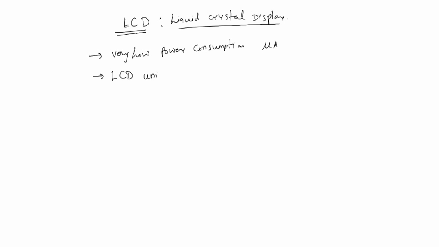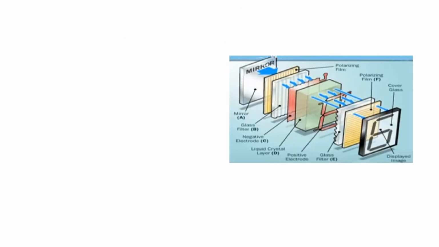Now if you see the LCD units, they are very thin. The form factor is quite small. It is very thin, and it is composed of many layers. If I maximize the LCD, it contains a lot of layers. Here is a liquid crystal layer, and there is an LED kind of arrangement here.